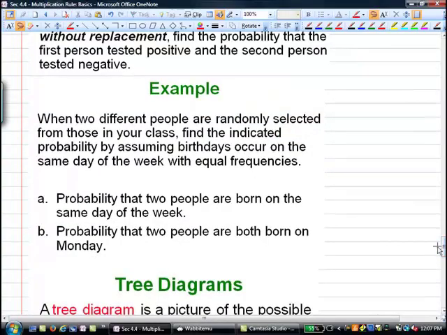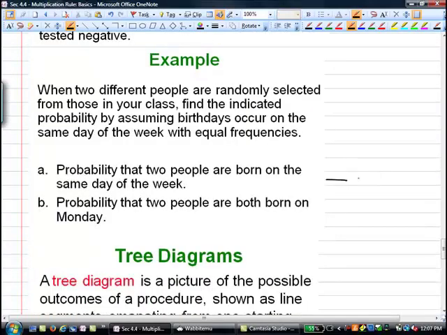It says when 2 different people are randomly selected from those in your class, find the indicated probability by assuming birthdays occur on the same day of the week with equal frequencies. So we want to find the probability that 2 people are born on the same day of the week. So we have our first person. They're born on a day. Second person's born on the same day.